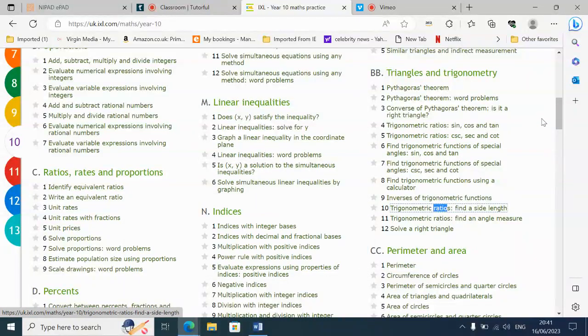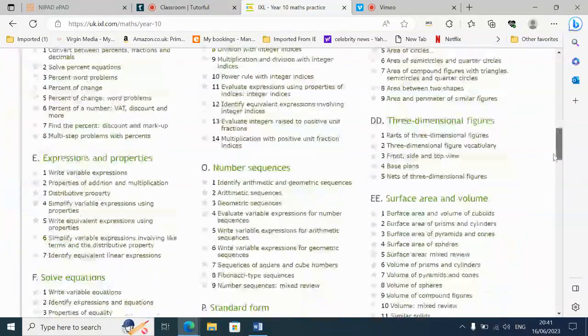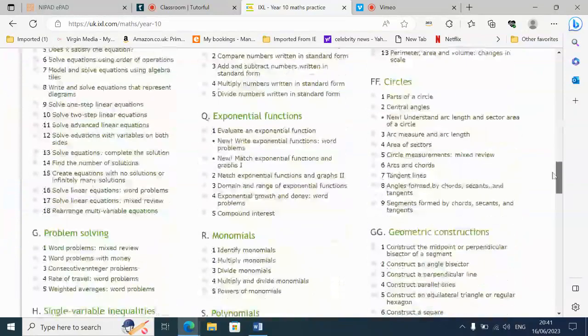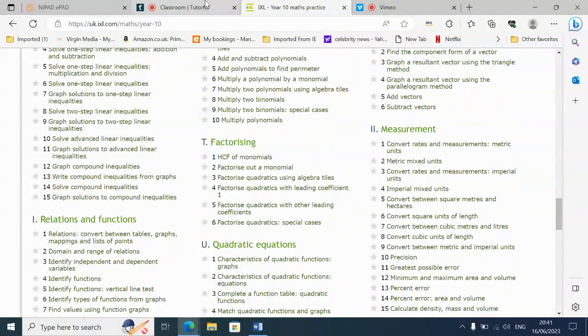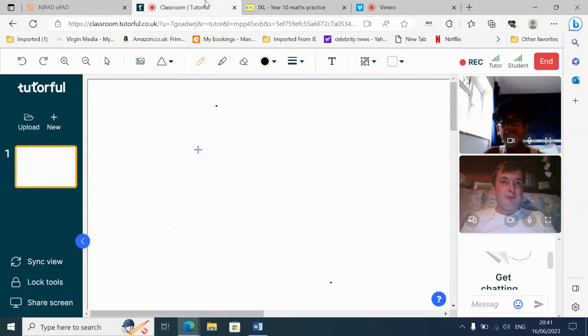Yeah. So we've got two things to look at for Monday: factorizing and ratios. Okay, that's brilliant. I'm so happy that you've given me those two things that we can look at.